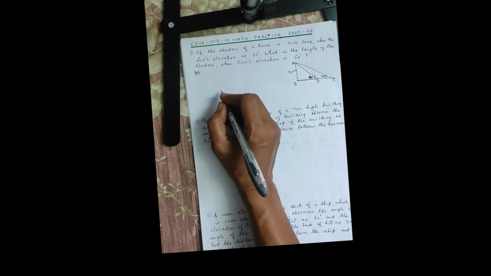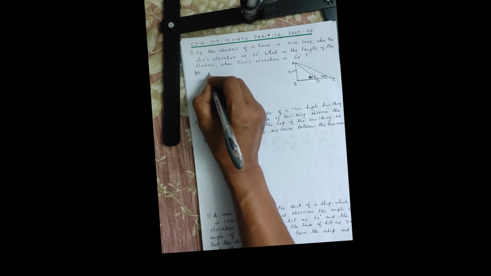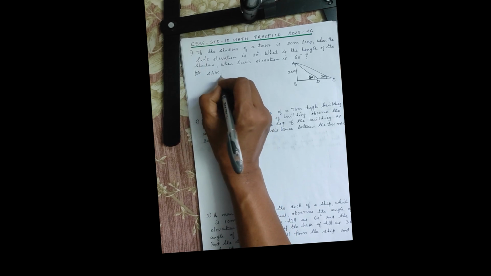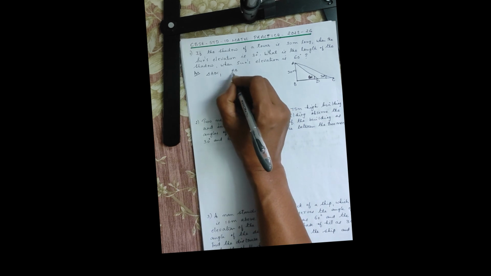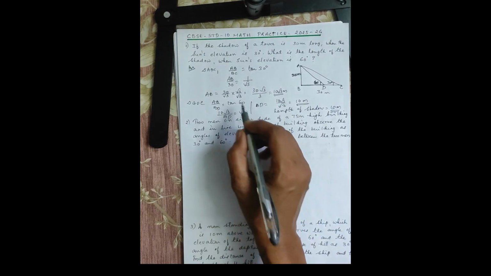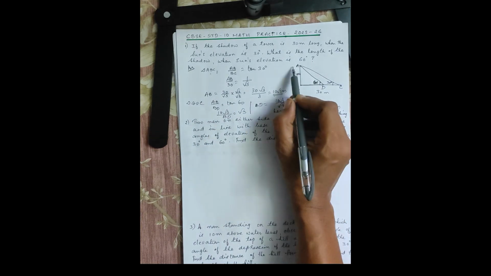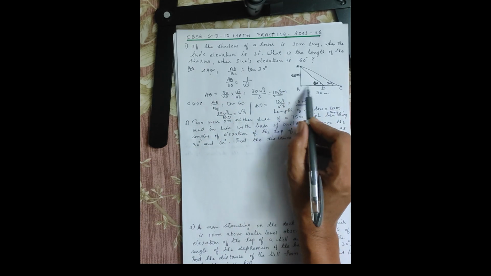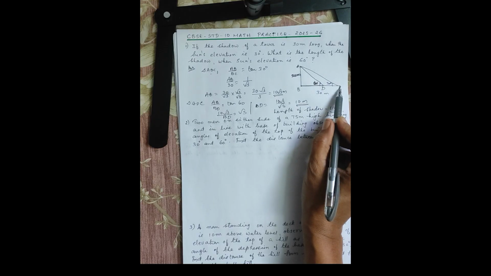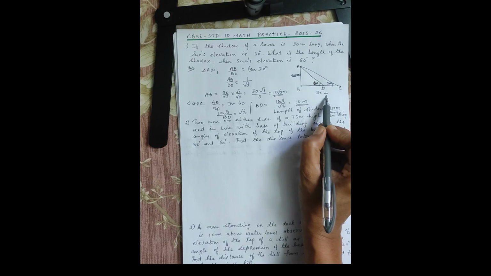So in triangle ABC, AB by BC, BC is the length of the shadow, that is 30 meters, given.